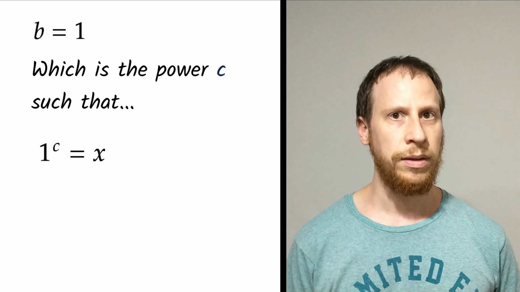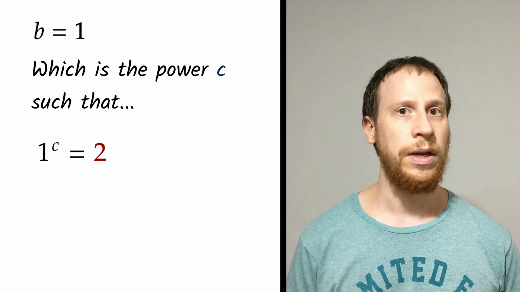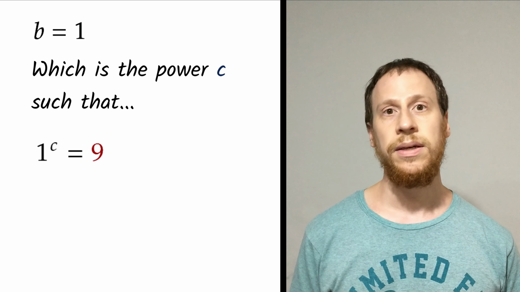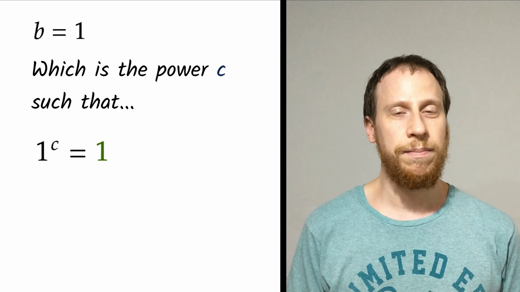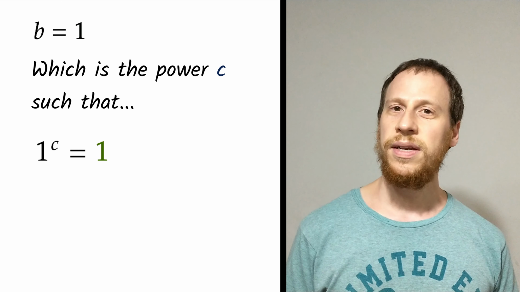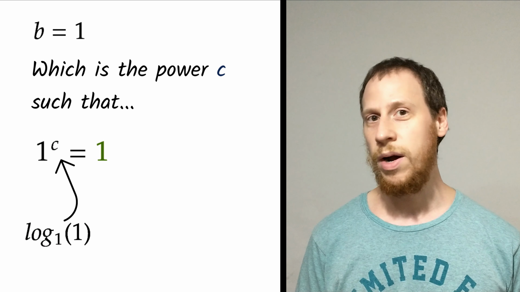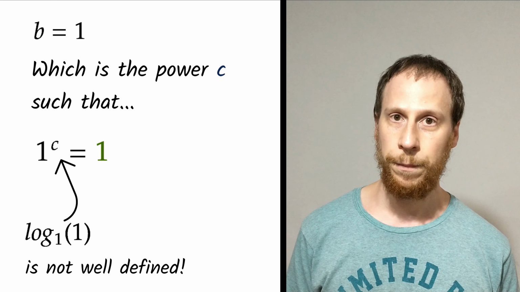We know that 1 raised to any power equals 1, so x cannot be the number 2, 5, 7, or 9. x must be the number 1. But since 1 raised to any power equals 1, then c, which is none other than the logarithm base 1 of 1, is not well defined. It can be just any number.